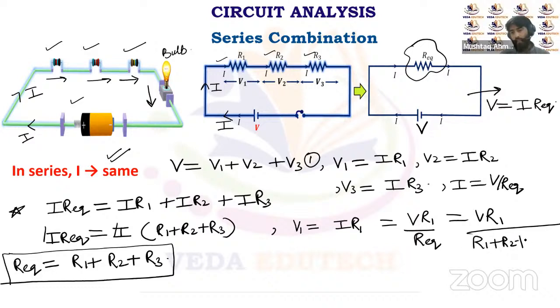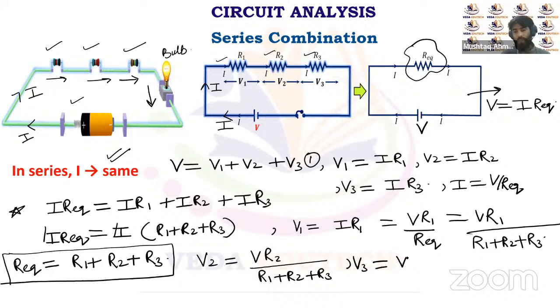That will be the potential drop across R1, right? Similarly, V2 will be equal to V times R2 upon R1 plus R2 plus R3, and V3 will be equal to V times R3 divided by R1 plus R2 plus R3.